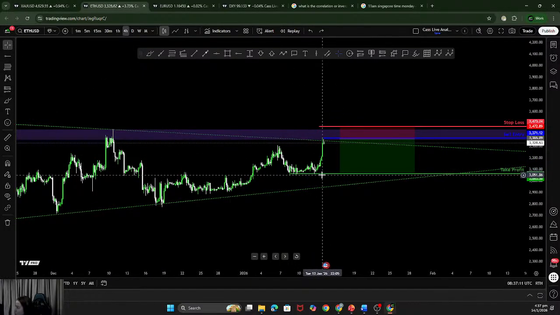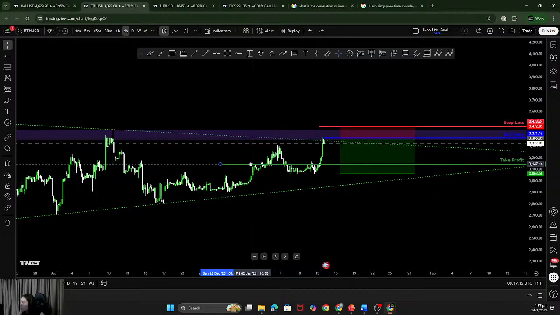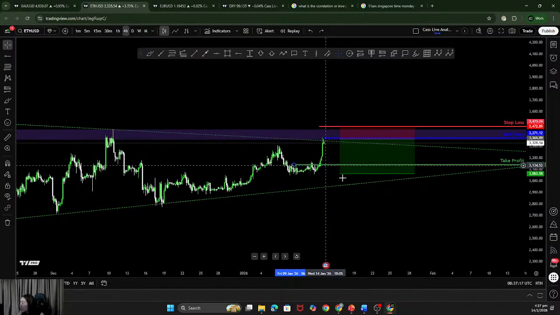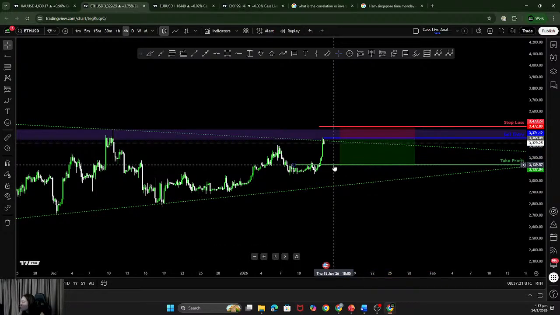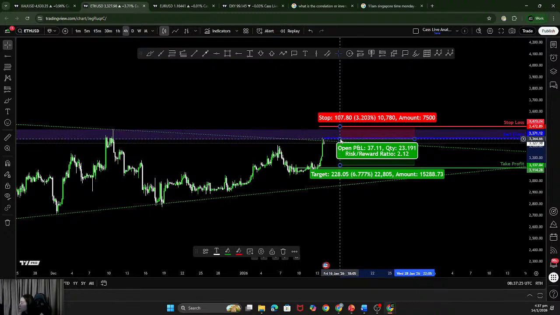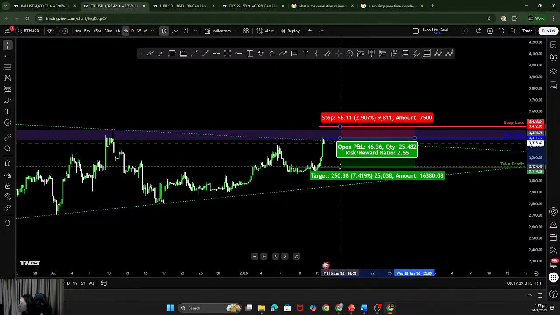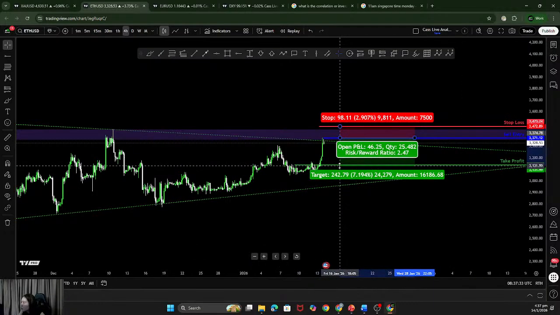Or to be even more conservative, I could just aim even slightly higher. That will make my risk to reward a bit lower, which is 1 to 2. Still not terrible, but if you aim for higher, 1 to 2.5 is still not terrible.